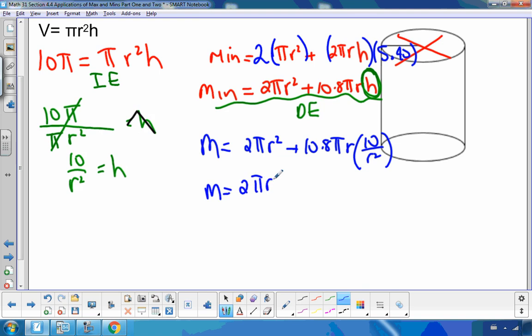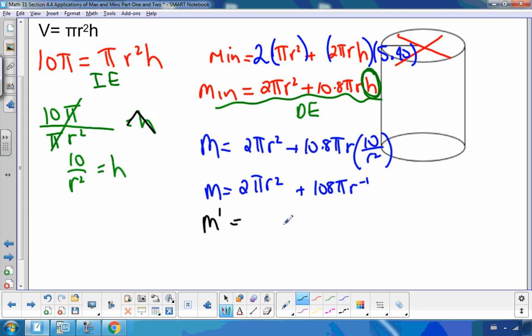Tidying it up, 10.8 times 10 is 108π, and r divided by r² is 1 over r, or r to the negative 1. Now that I've got my derivative equation simplified with one variable, I'm ready to take the first derivative.